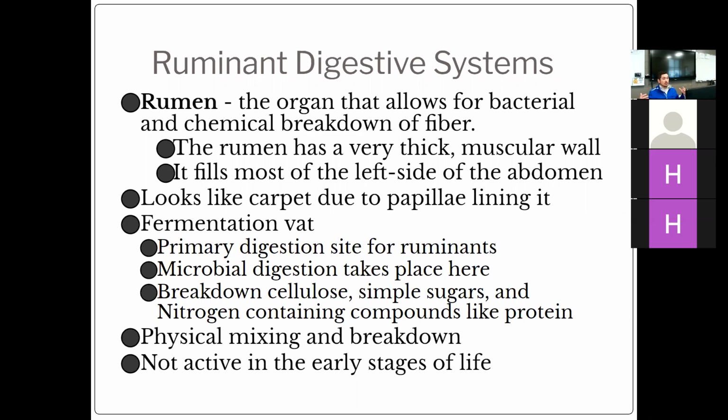The rumen is basically a giant fermentation vat. It's the primary digestion site for ruminants. It's where microbial digestion takes place. It breaks down cellulose, simple sugars, and nitrogen-containing compounds like protein. So it's actually breaking down cellulose, which is what we can't do. Monogastrics just can't break down the cellulose.